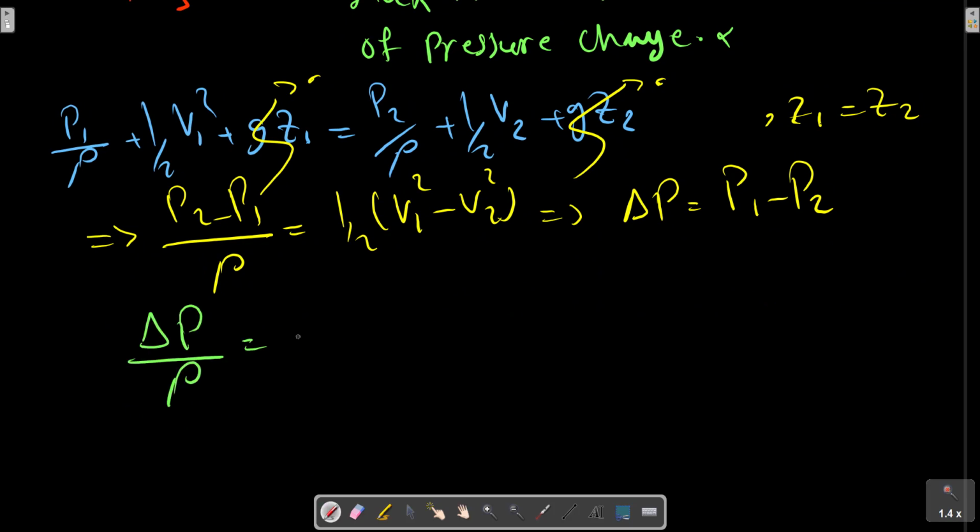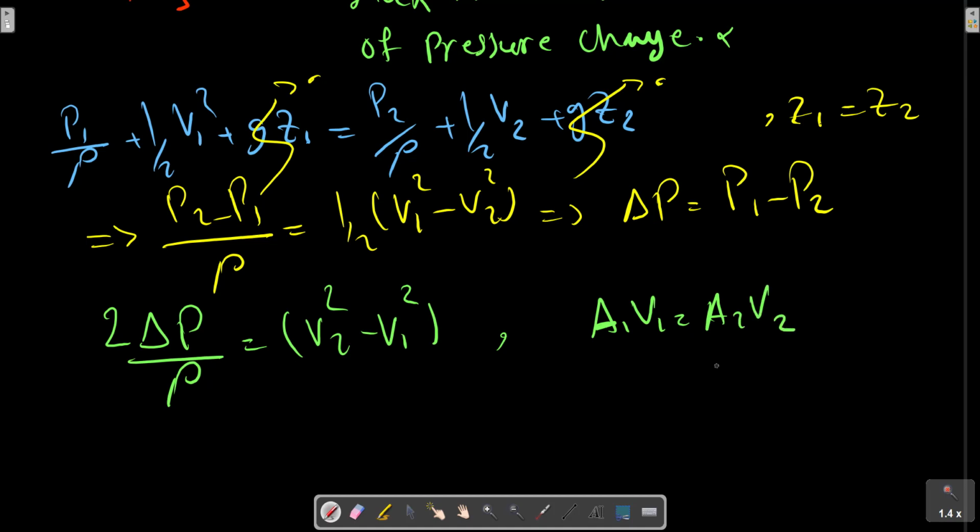delta P on rho equals to V2 squared minus V1 squared over 2. We relate the velocities from the incompressible continuity relation, and for the mass conservation we have A1 V1 equals to A2 V2.